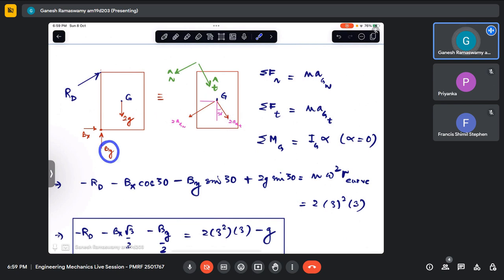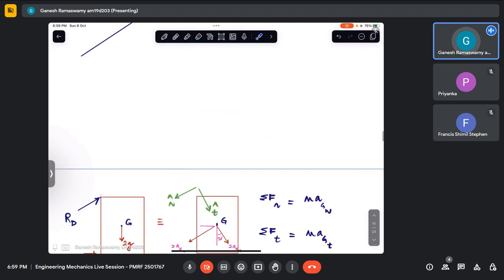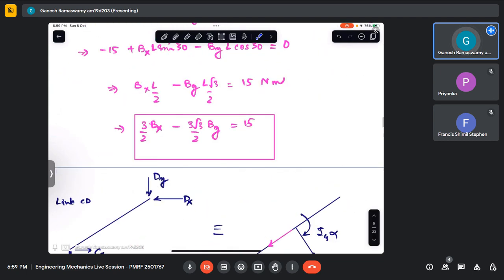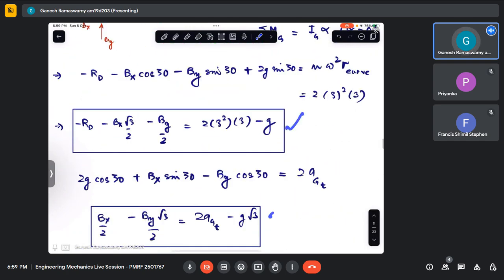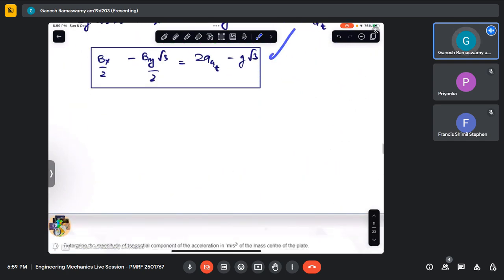And then there are two unknowns here, and then the magnitude of this force R. So we have four unknowns, so we need four equations. One equation we have got based on the equilibrium of our link. So we have one equation, and then we have 2, 3. Next we have the fourth equation.